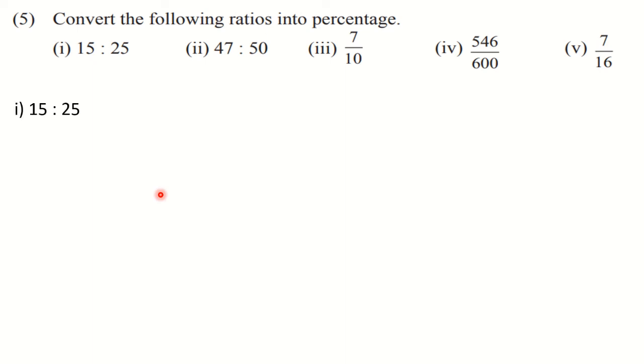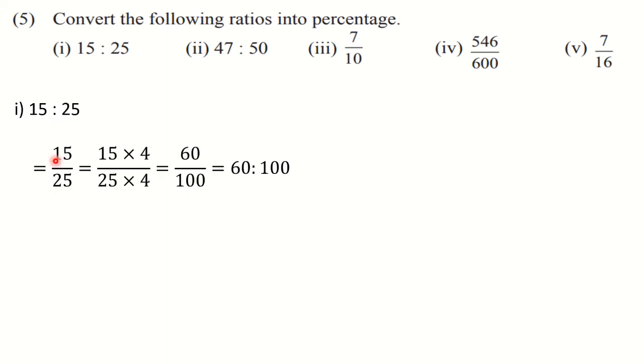Question number 1. 15 is to 25. So we can write it as 15 upon 25. Now I want the second quantity as 100. So I will try to multiply or divide by a constant number so that I get 100. I know that 25 4s are 100. So if I multiply 25 by 4, I get 100.